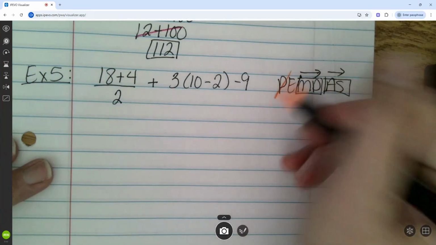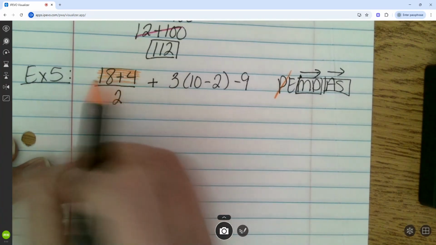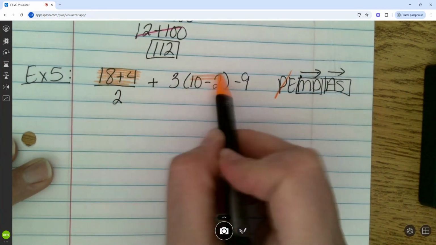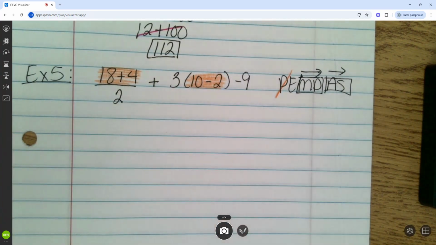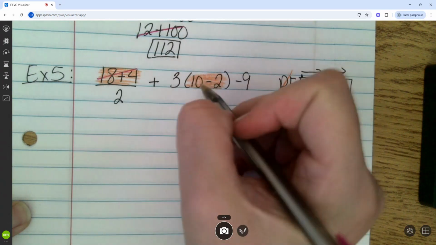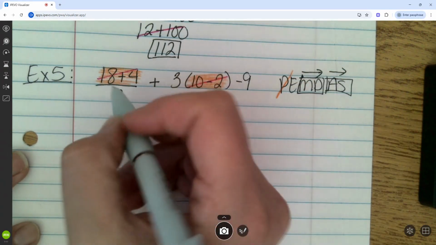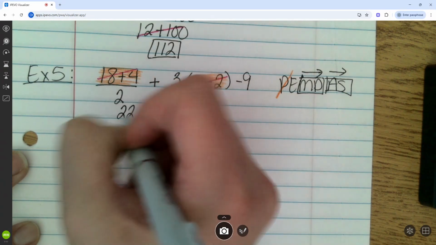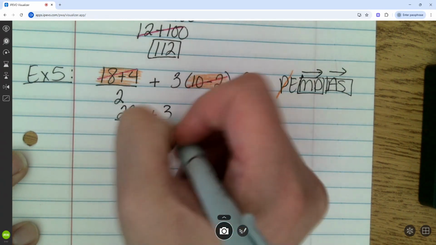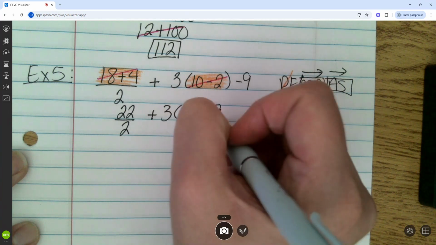So in this case, my grouping symbols is my numerator and then my parentheses. And since they're separate, they are not doubled up inside, one's inside the other, we can actually work those out in the same step. So they are separate here, so I can work left to right. And I get 22 over 2, 3 times 8, minus 9.